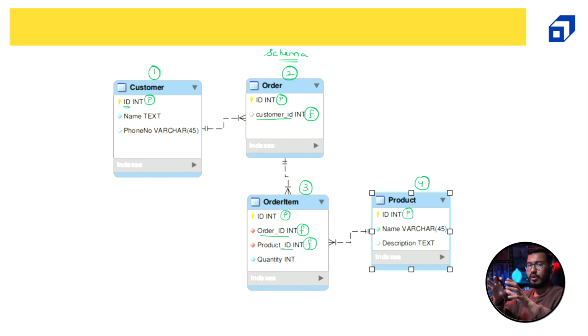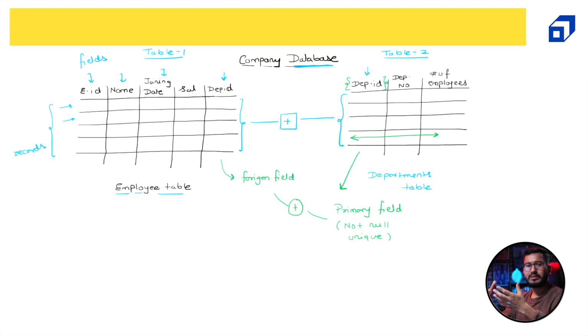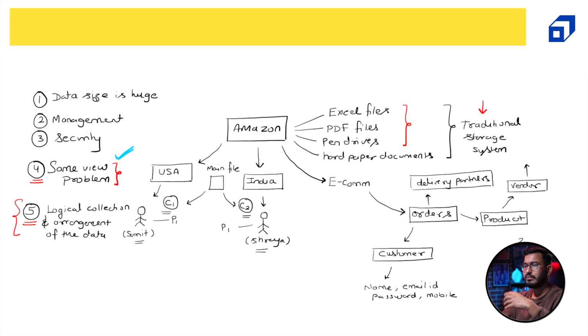So you can see that all the tables in this particular schema are connected to one another, and we can fetch the complete, detailed information about any product, any customer, any order by connecting all these tables. That is how the data is presented within a database. So this is how RDBMS resolves all the problems that come if I use a traditional storage system.